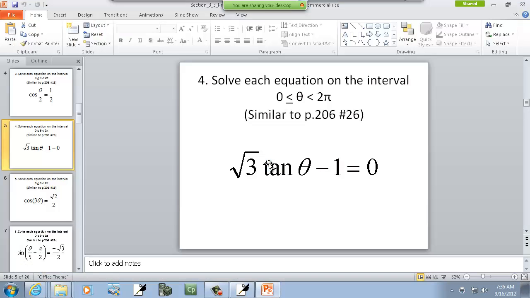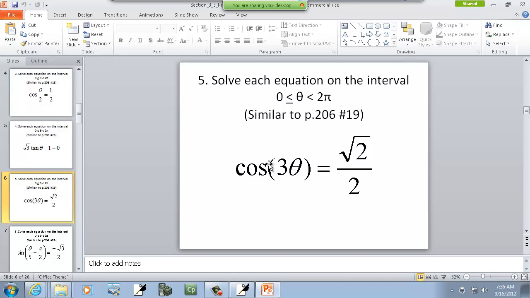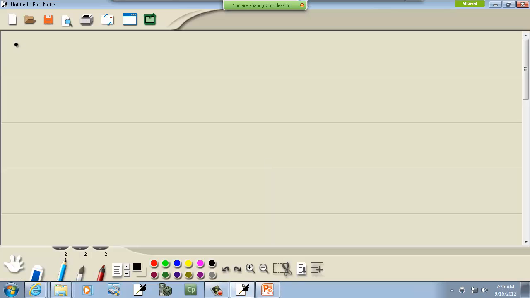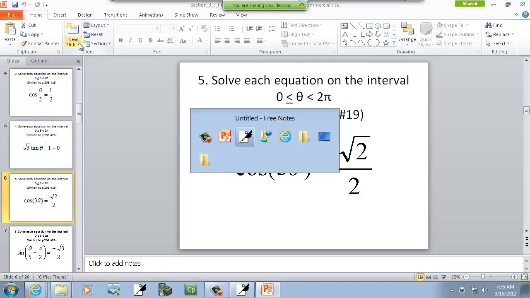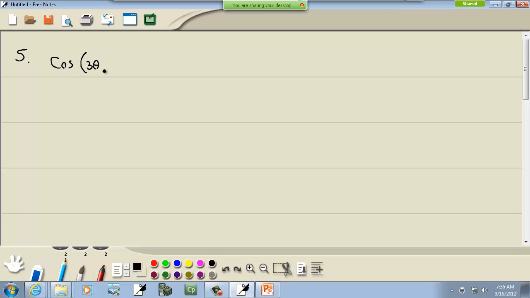And let's look at our next problem. We have cosine 3 theta is equal to square root of 2 over 2.